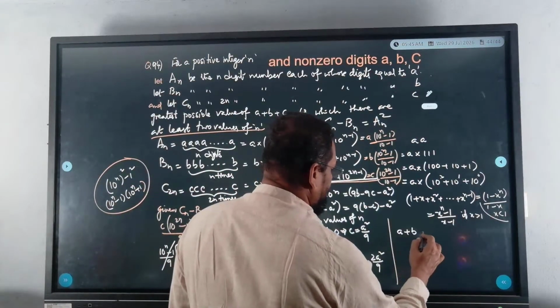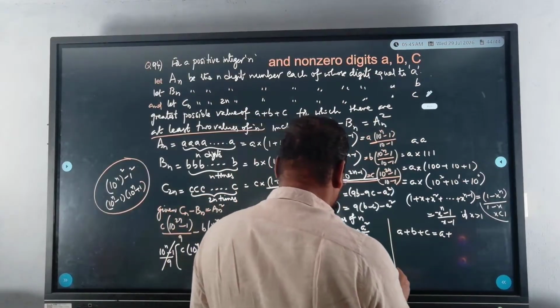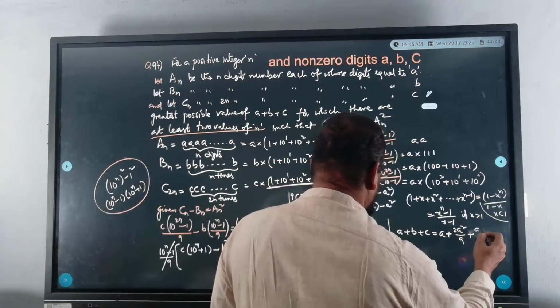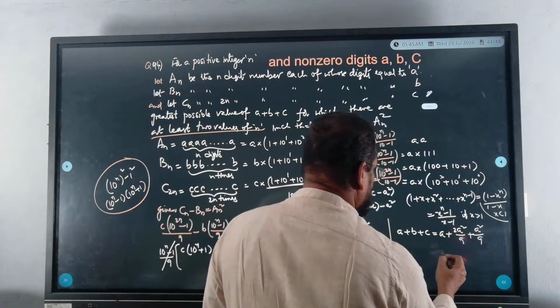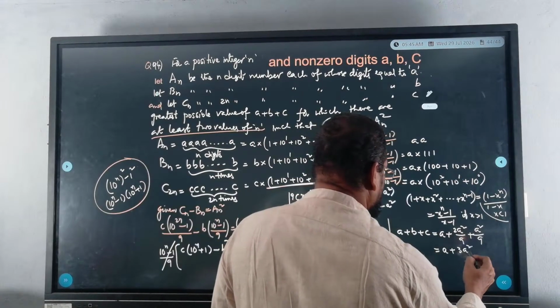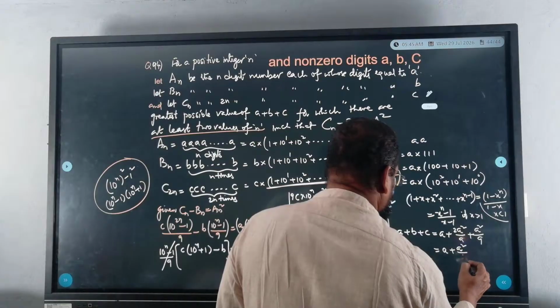So a plus b plus c is equal to a plus 2a square by 9 plus a square by 9, that is equal to a plus 3a square by 9, that is a square by 3.